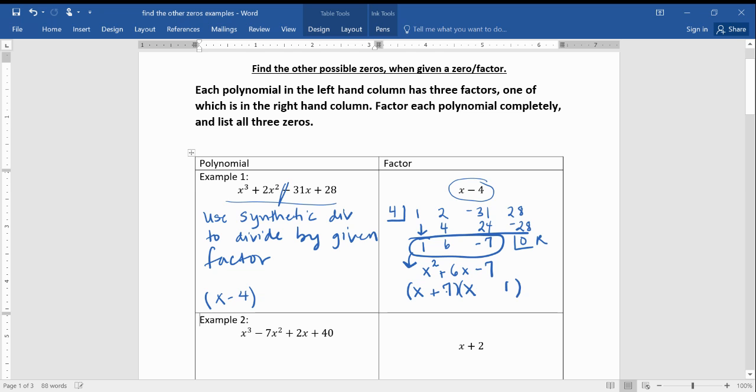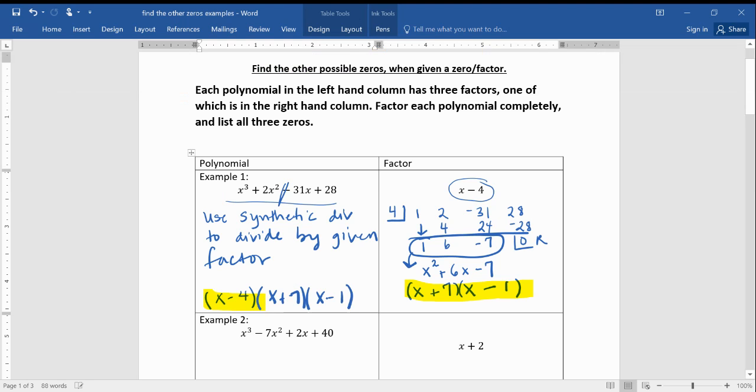We need a positive 7 and a minus 1. Guess what? That right there is what you want. So here's the deal. These two factors and this one, if you multiply all those together, you are going to get this polynomial, which is given to you up there at the beginning.